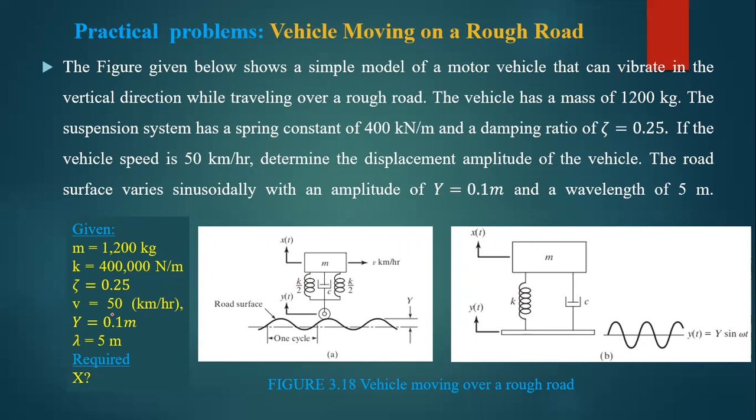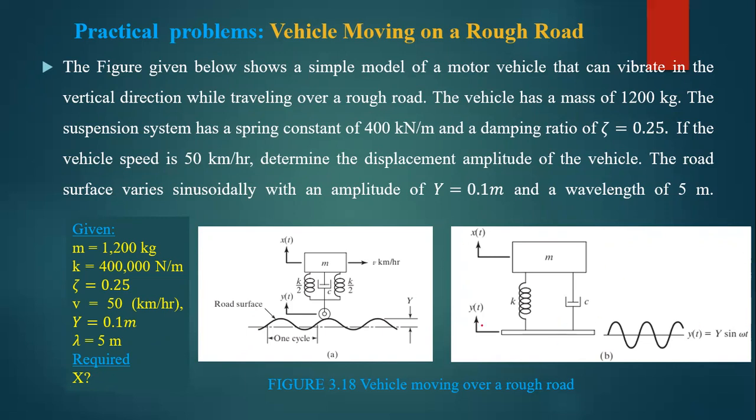The velocity of the car is given as 50 km per hour, and the maximum amplitude of this rough road is 0.1 meter or 10 centimeter. The wavelength of the road profile, meaning the distance from one peak to another to complete one full cycle, is 5 meters, and we are required to find the steady state amplitude of this motion.